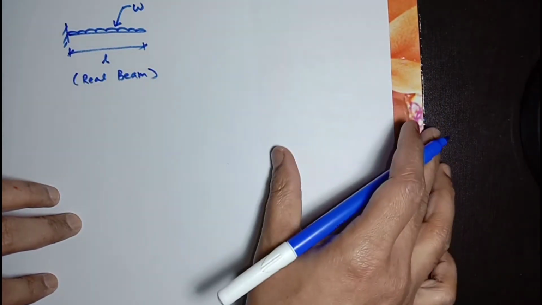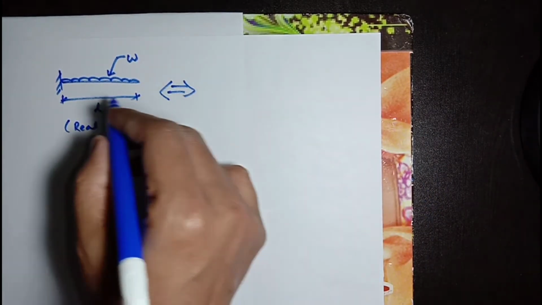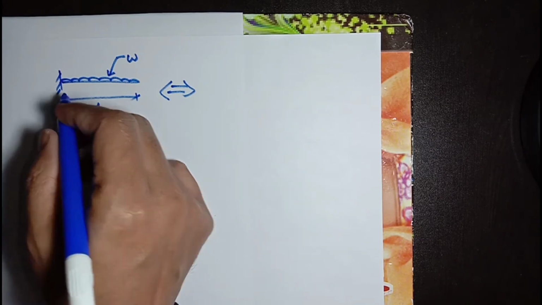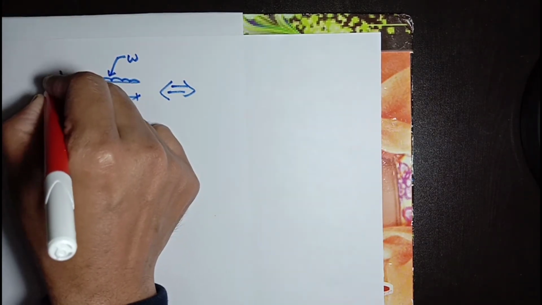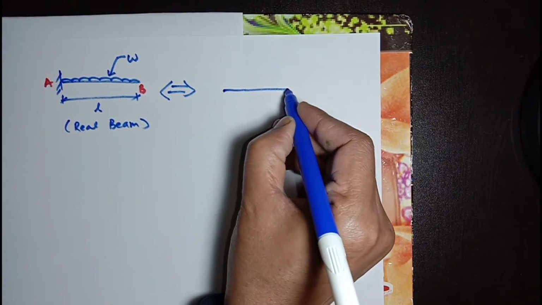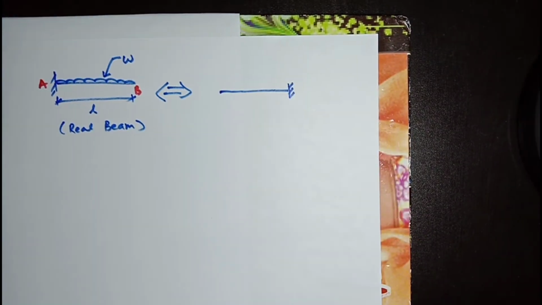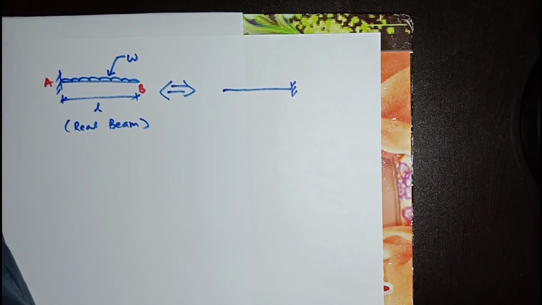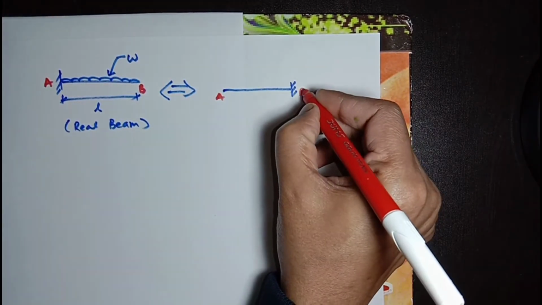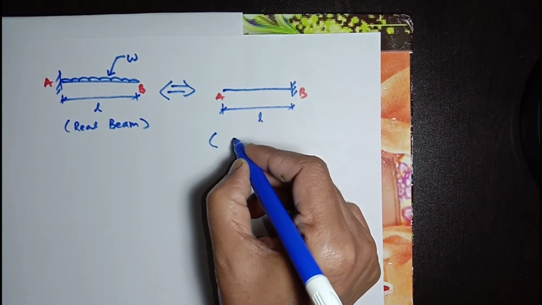Now its conjugate beam will be, as I have explained, with this point A and this point B, and the fixed end will become a free end, and the free end will become a fixed end. Points A and B will be the same, and the length will be the same, L, but it will be a conjugate beam.